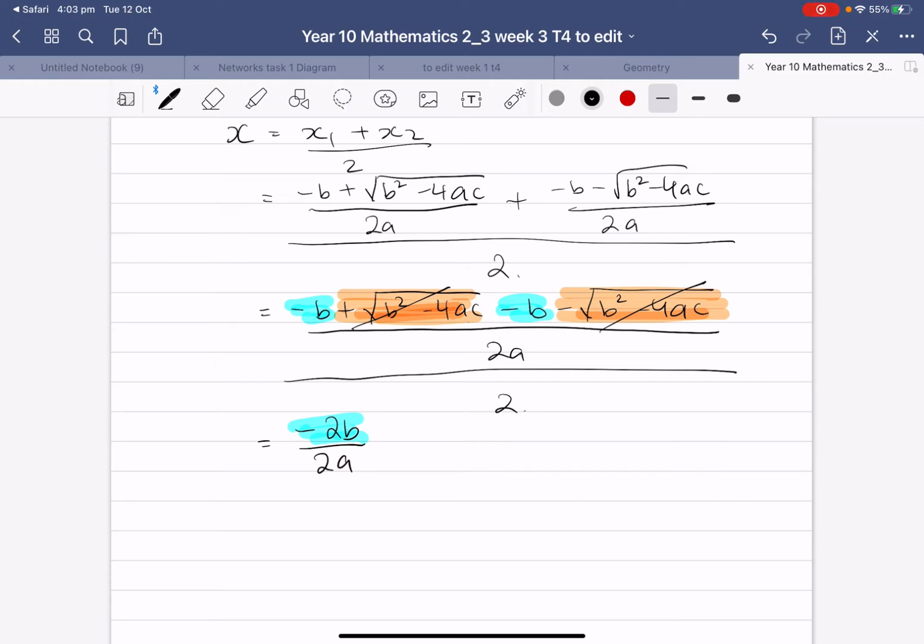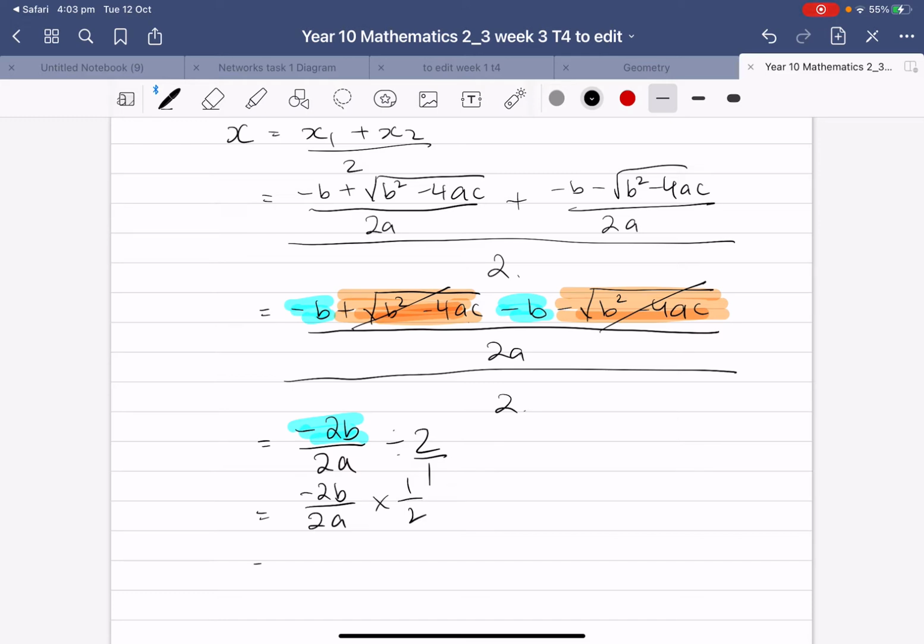Now that over 2 means that this is going to be divided by 2. Okay, so let's do that. Let's divide this by 2, which means that we are multiplying by the reciprocal of 2, the opposite of it, which is 1 over 2.